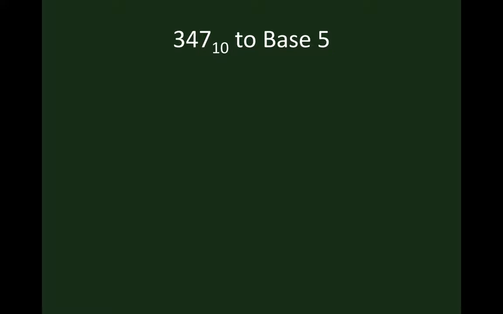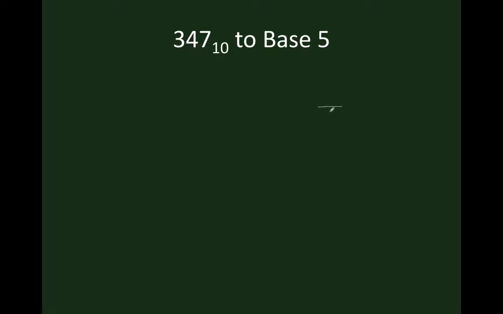Now we can convert a base 10 number to any base we want, really. So as an example, if we want to convert the number 347, which is a base 10 number, we have to start thinking in base 5. So I'm going to start over here with the 1s.